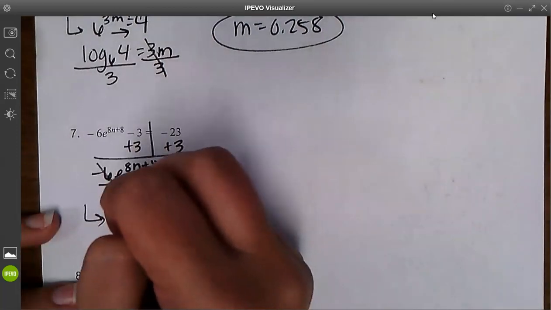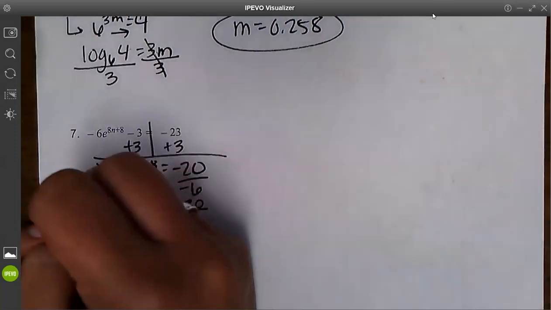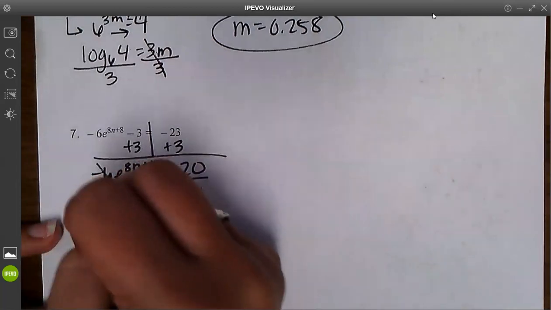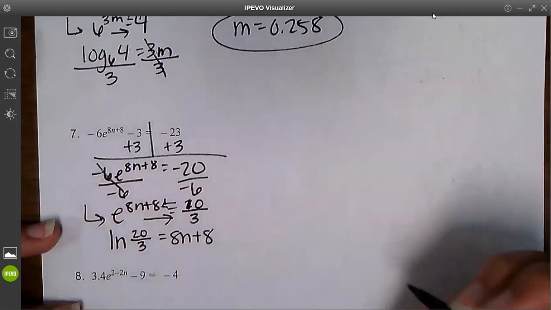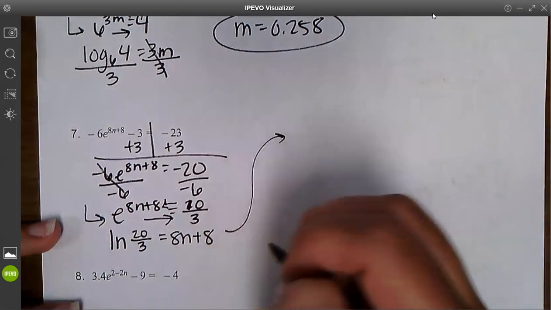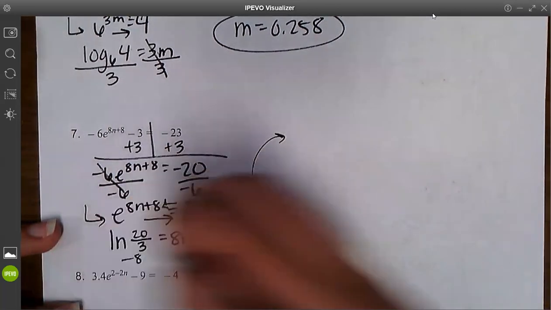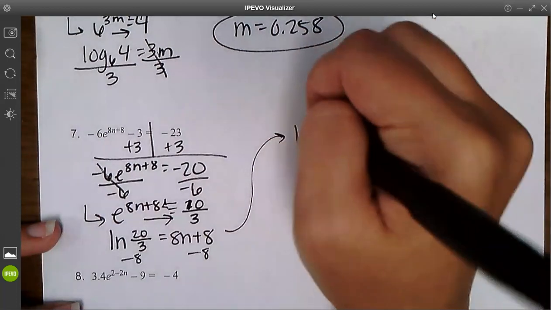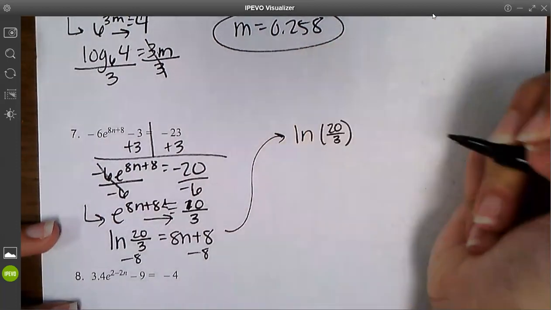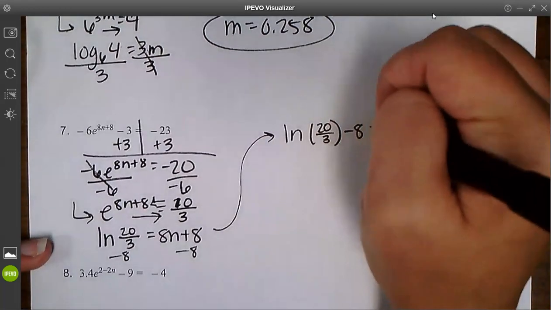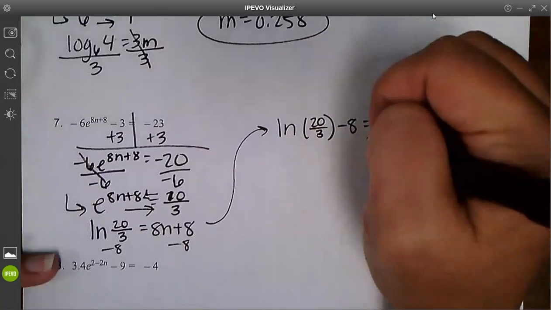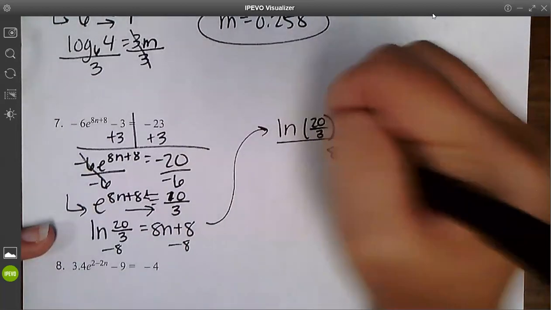Remember that log base e is the natural log. So I have the natural log of 10 over 3 equals 8n plus 8. Subtract your 8 from both sides. You have the natural log of 10 thirds, which you don't want to round because it is a repeating decimal, minus 8 equals 8n. And then divide that whole thing by 8.